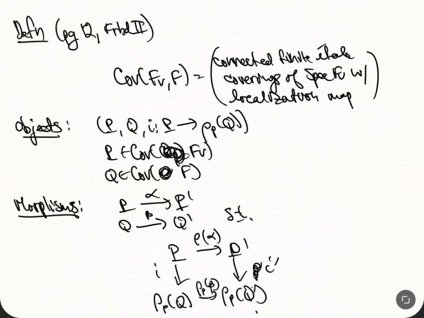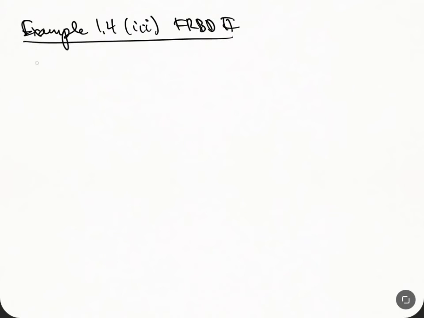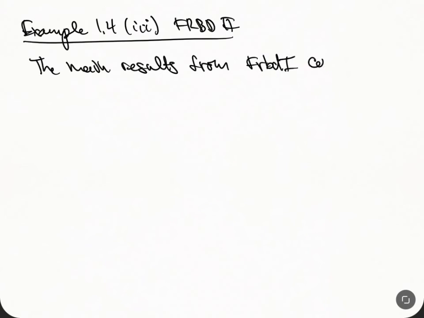So I guess using this idea, he says that, for example, in example 1.4 part 3 of Frobenioids 2, the main results from Frobenioids 1, so I think these are arithmetic Frobenioids, can be applied to p-adic Frobenioids.